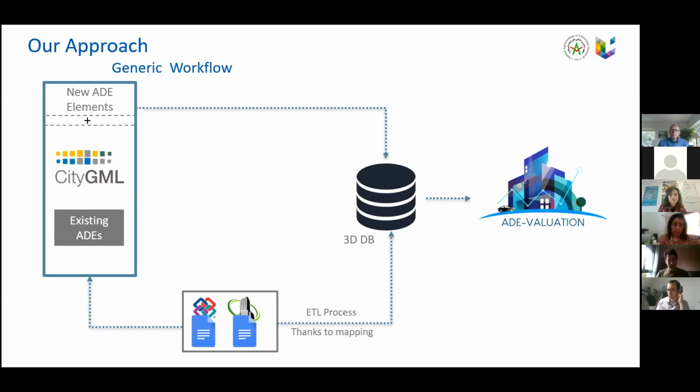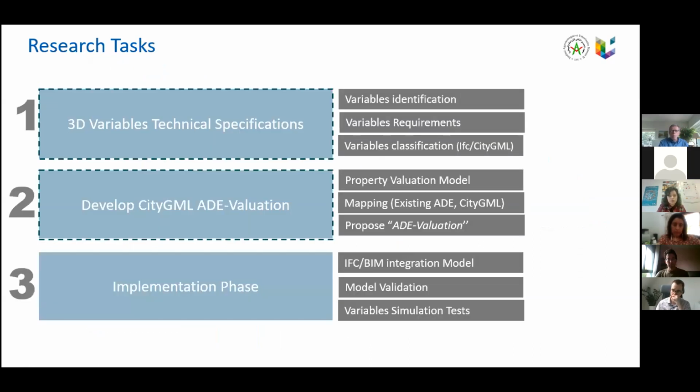Just to give attention, we are in our research progress at the first specific stage, which is mentioned in blue. So it's the development of the ADE model. To come up to this level, we had to work on two major tasks.